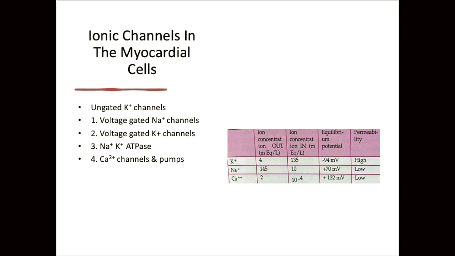Here is your important point: the voltage gated calcium channels open slowly, slower than the sodium channels. Consequently, they are sometimes called the slow channels. These slow channels allow sodium as well as calcium to pass, so they are also called slow calcium sodium channels.